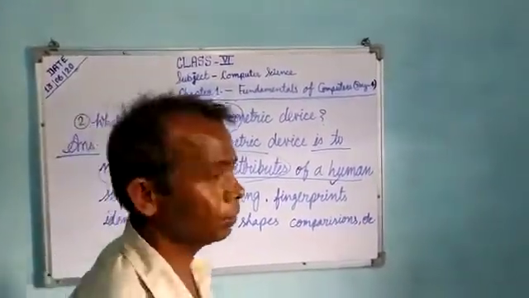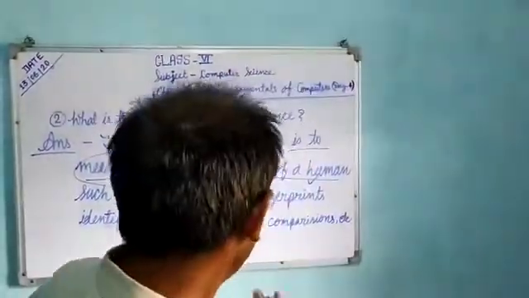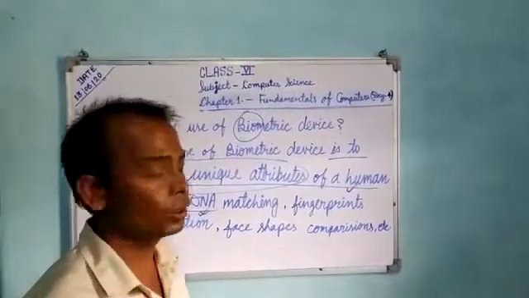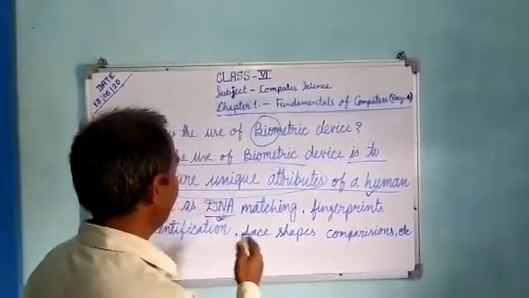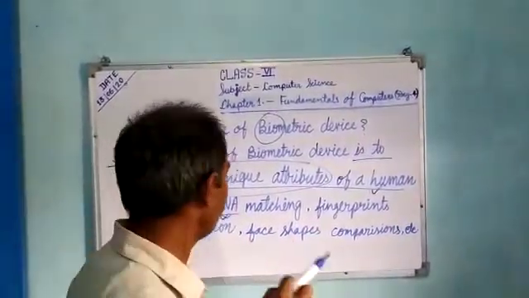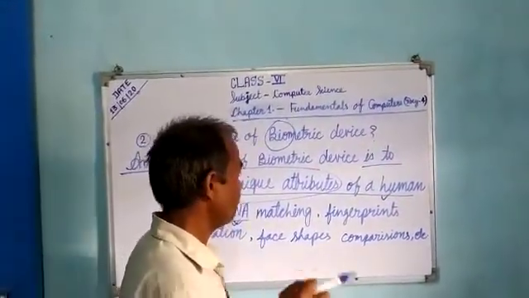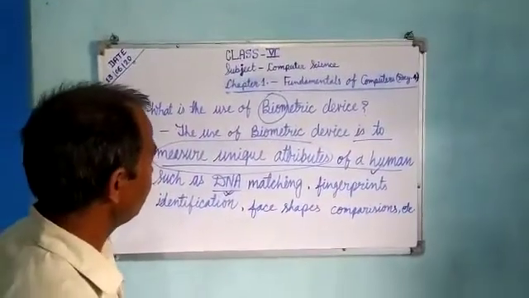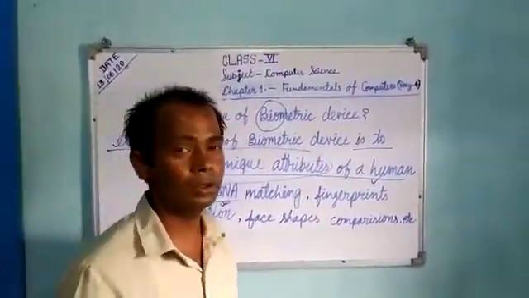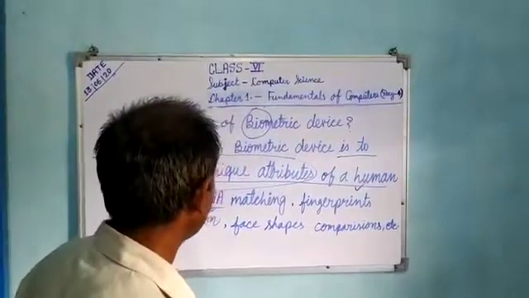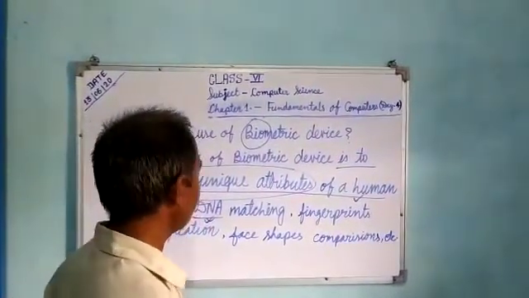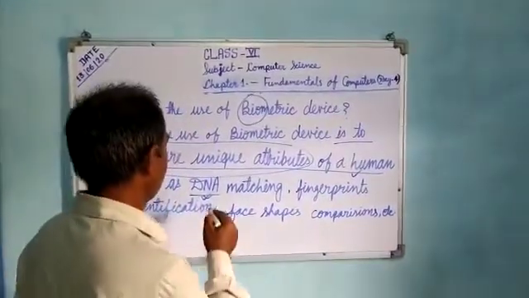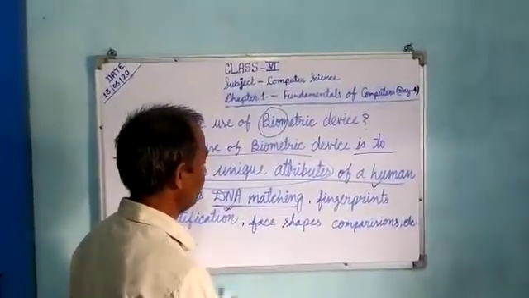Nobody has the same type of DNA, and this is due to protein differentiation. So first we feed the DNA or fingerprints of one person, and after that, whenever the same person is fed in again, it is going to match. This is very helpful in DNA matching.